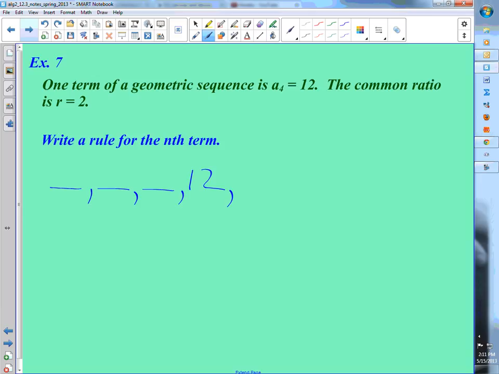What's the next term after the 12? 24, right? So if you just use a little common sense, if you're multiplying by 2 to get the next term, what do you do to get the previous term? So what's here? 6, 3, 1.5.